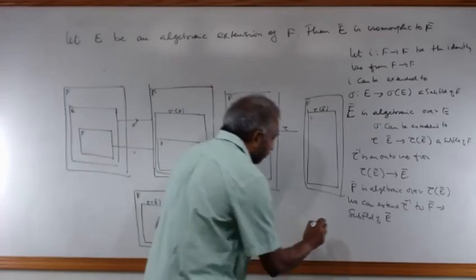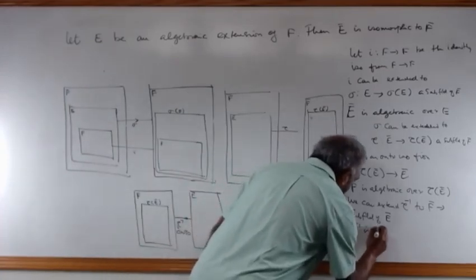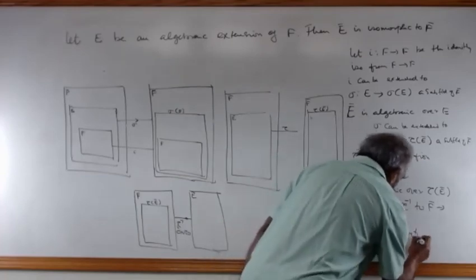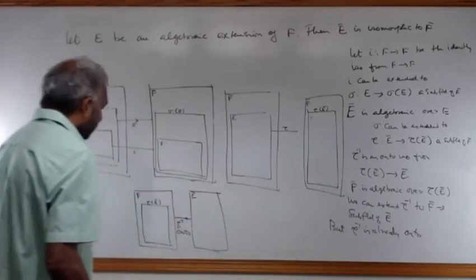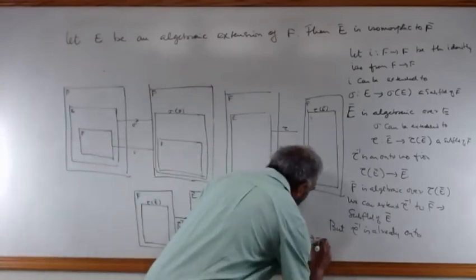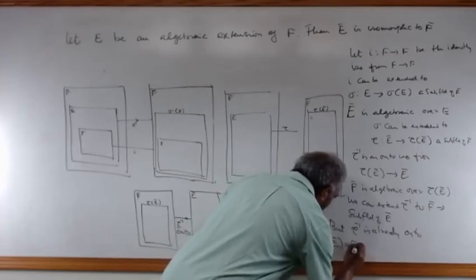But tau inverse is already onto, and that implies tau of E closure is equal to F closure.